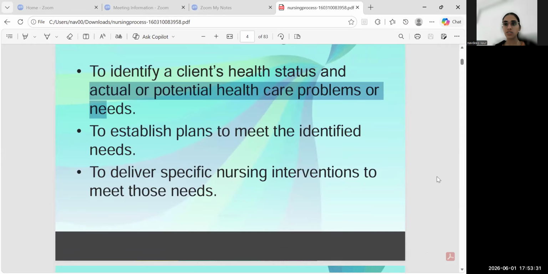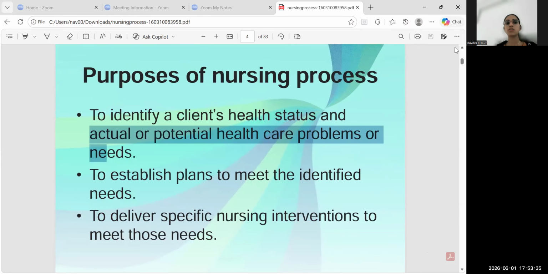And next is the purposes of the nursing process. What do you understand by the purposes? Purposes means why we have the nursing process, which is essential to maintain the client's care. In that, the main purpose is to identify a client's health status.